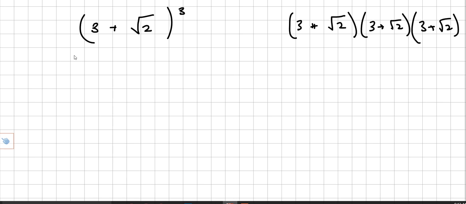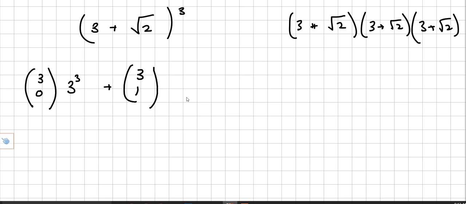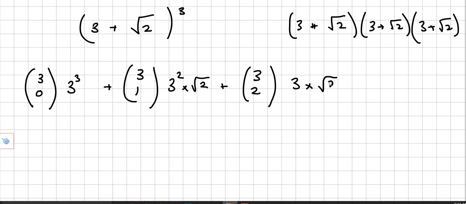Or we could do binomial expansion, which would be 3C0 times 3 to the power of 3, plus 3C1 times 3 squared times root 2, plus 3C2 times 3 times root 2 squared, and then also finally 3C3 times root 2 to the power of 3.